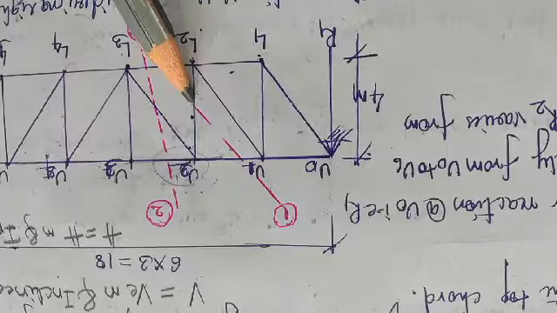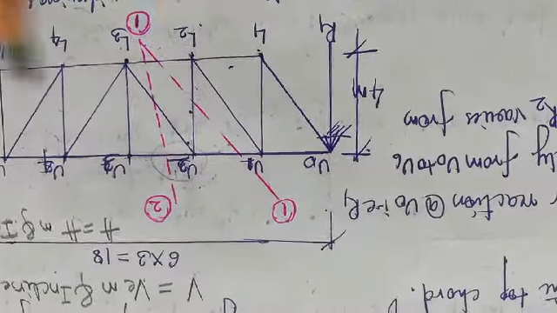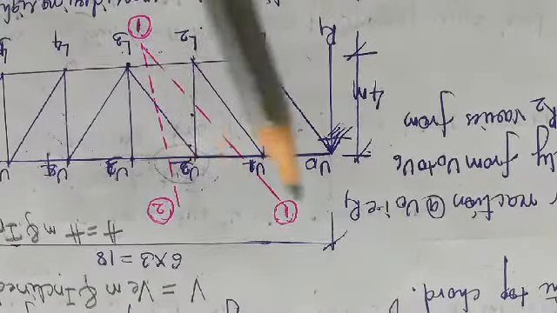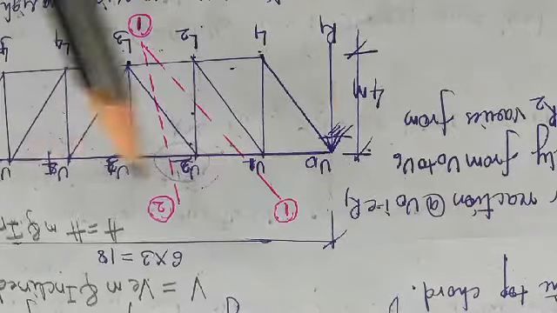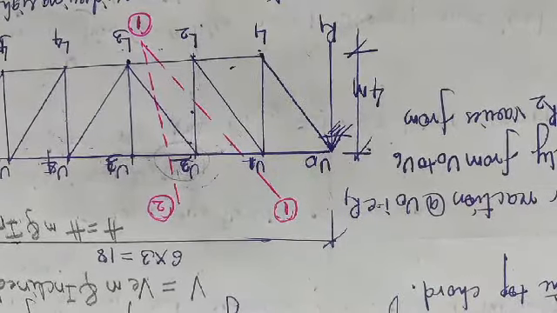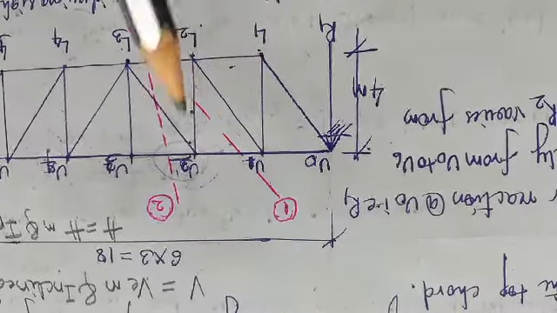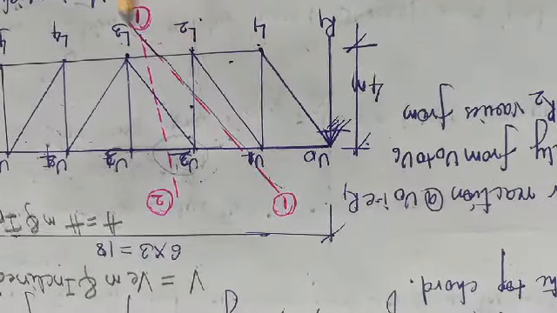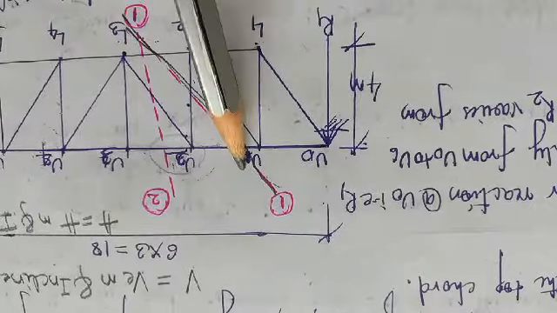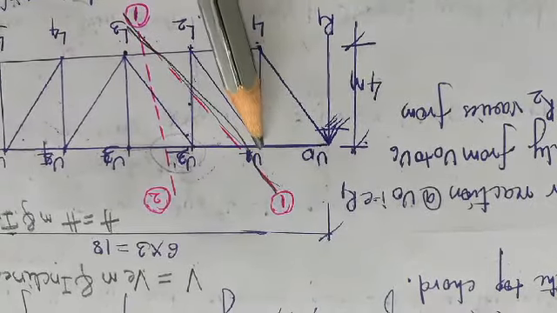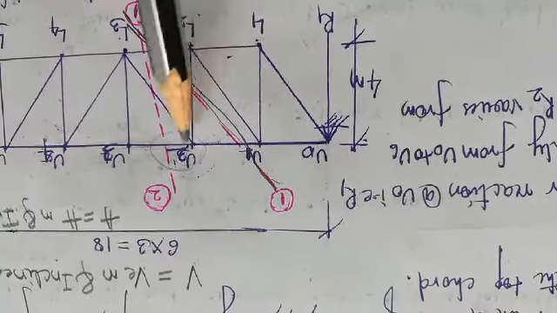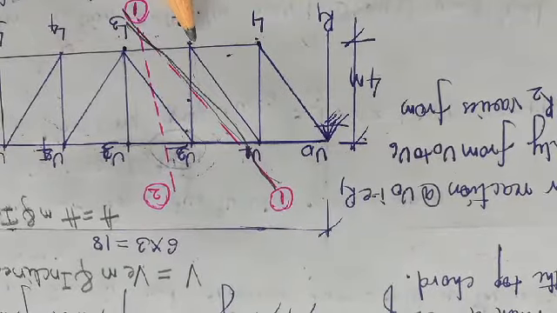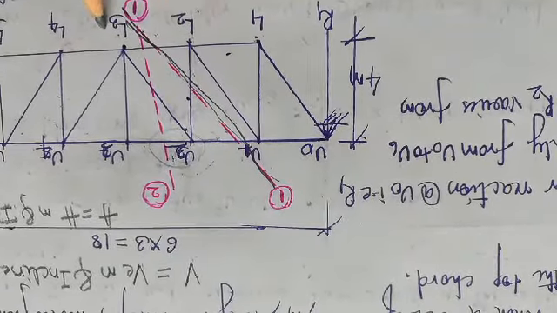We have to consider first that the load is on the left side and the right side of the cut portion. I am cutting a section 1, which crosses U1, U2, L2 and L2, L3.